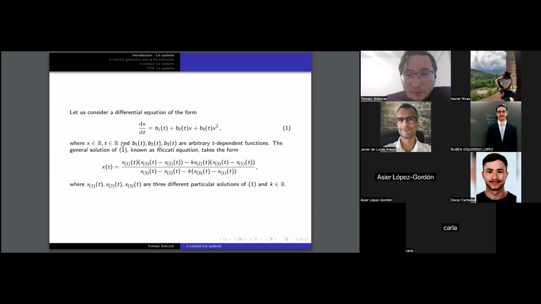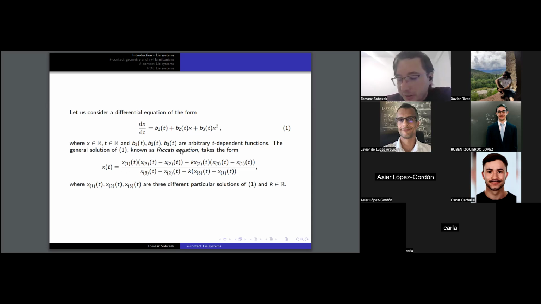Those functions can be arbitrary and time-dependent, and it is well known that if we know 3 particular solutions to a given problem, then we can recreate the general solution via these functions. So as we can see, we have x1, x2, x3, and we can generate all possible solutions via this function.